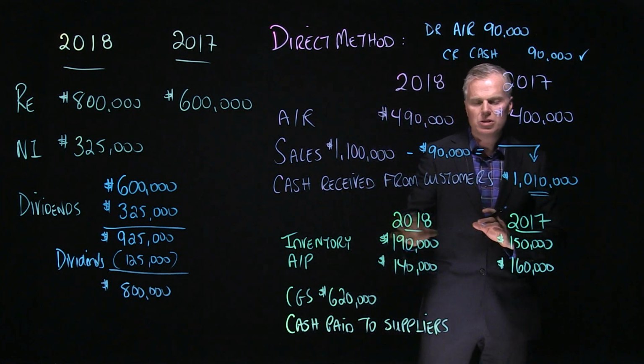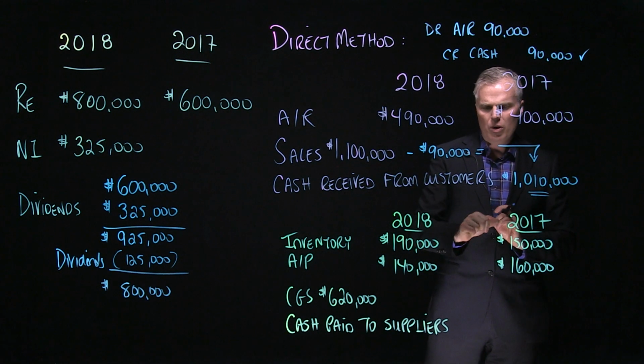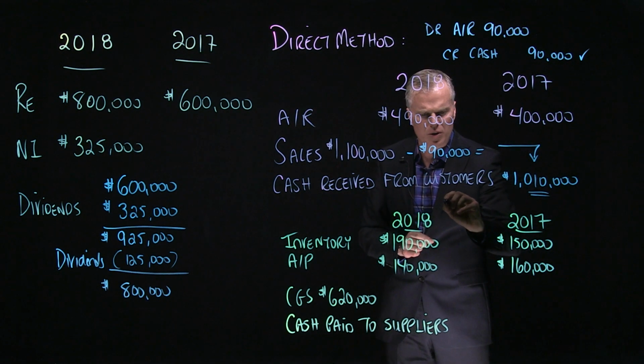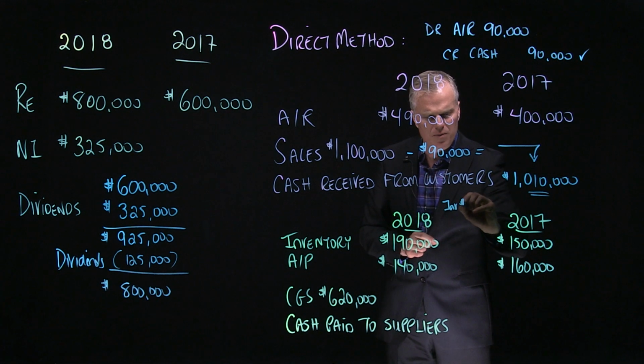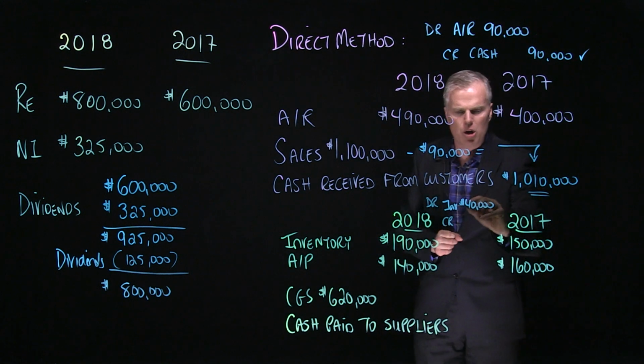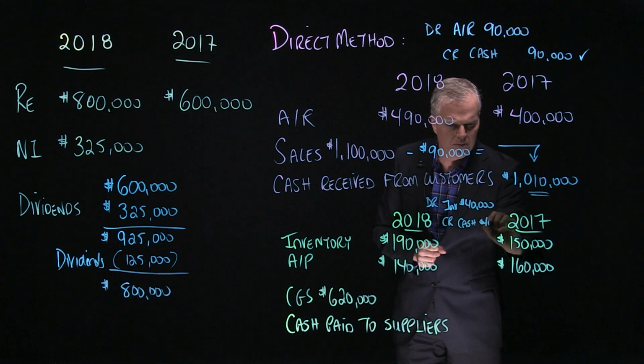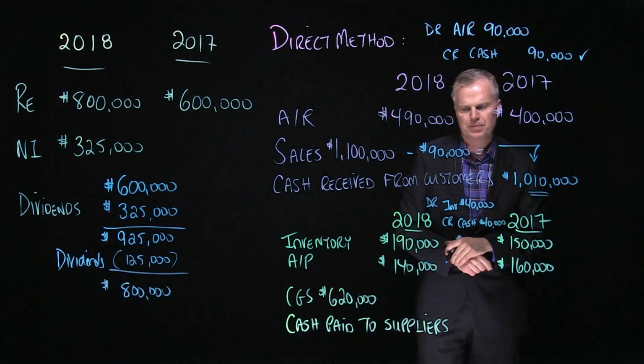Again, let's use journal entries. So if our inventory went up 40,000, our journal entry here would be inventory 40,000 as a debit. And of course, our credit will be the cash, the opposite. So this implies that cash is going down $40,000.